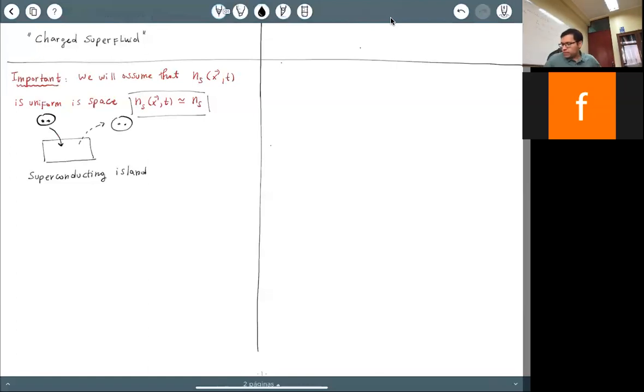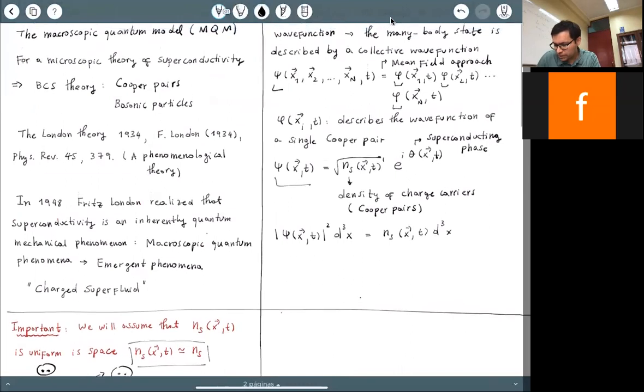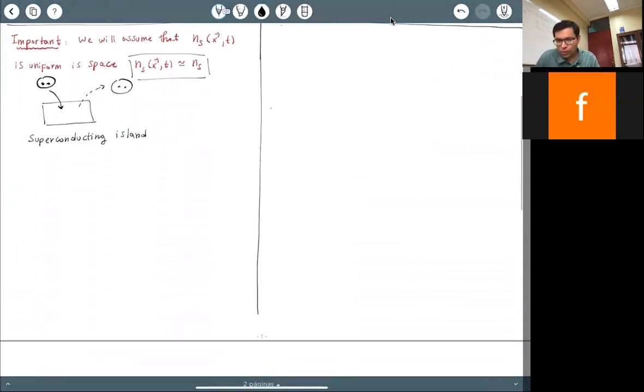Now comes the more technical part. We want to describe the dynamics of a superconductor using this macroscopic wave function.